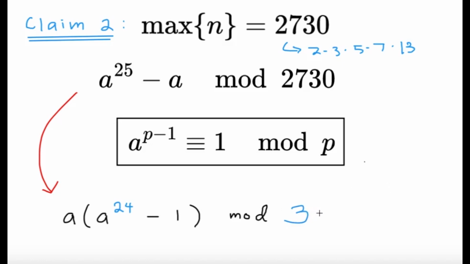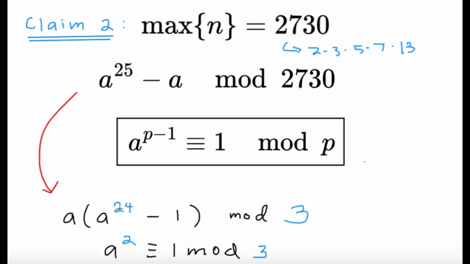Now let's try to check under mod 3. We can try to take two cases here. If A is a multiple of 3, then we're done, because it's going to be 0. But if A is not a multiple of 3, then by Fermat's little theorem, we're going to have A squared is congruent to 1 modulo 3.